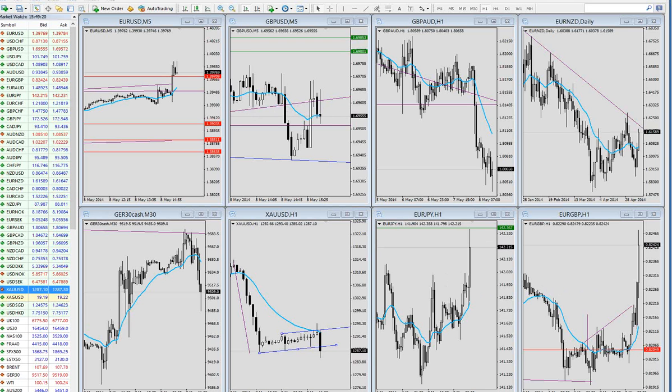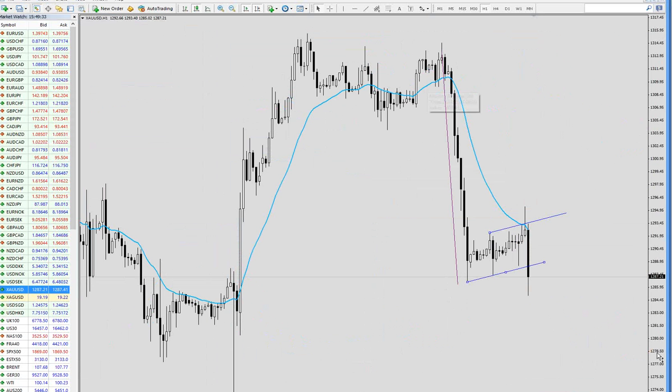Gold, guys, breaking lower, so there is a short opportunity of this flag. That's the breakout, guys.